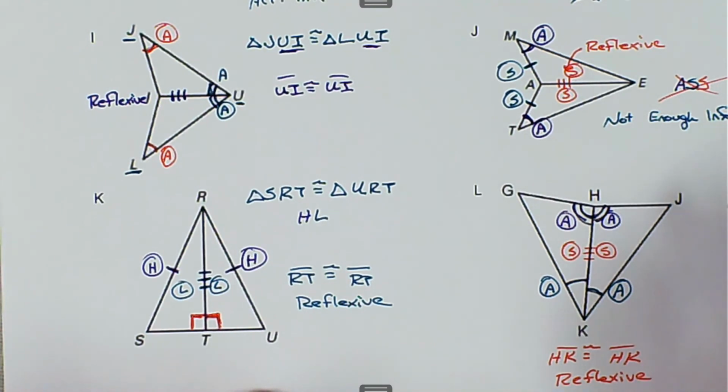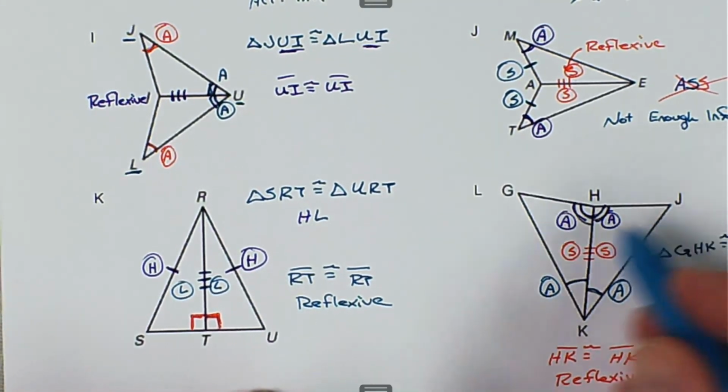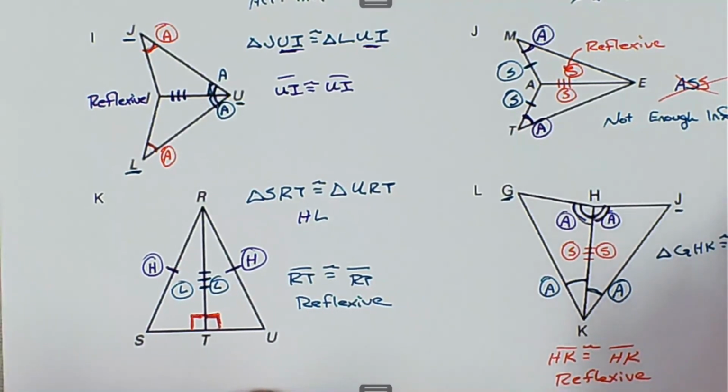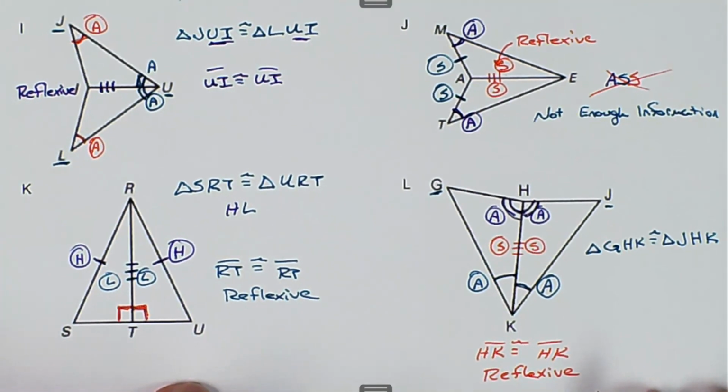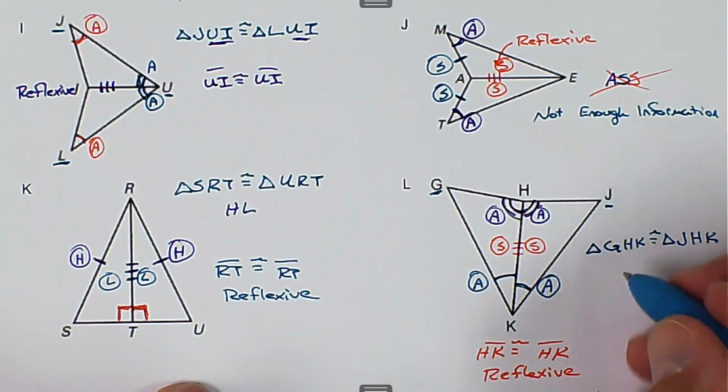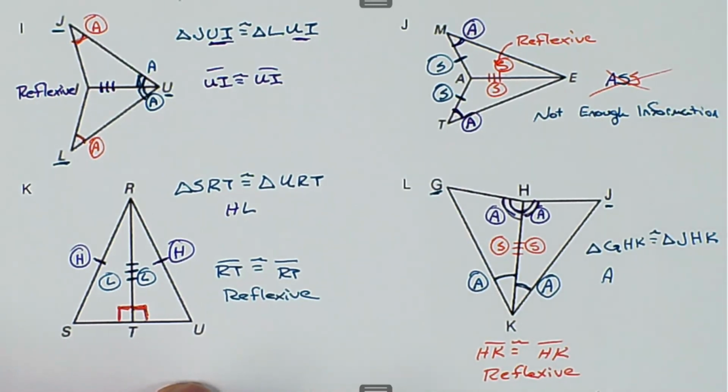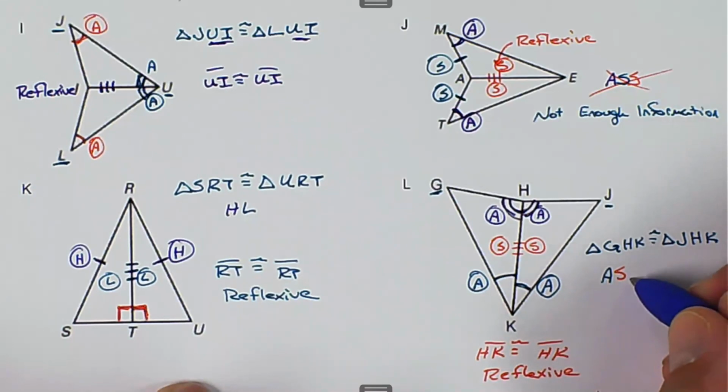So we can say that these triangles are congruent. Triangle GHK is congruent to triangle, G corresponds with J, so JHK. And the reason that we can say that is because of angle side angle.